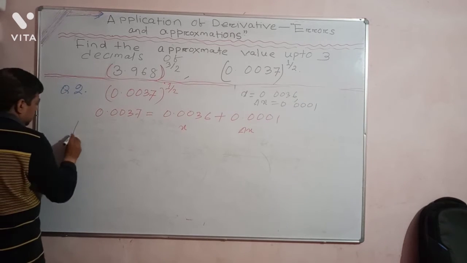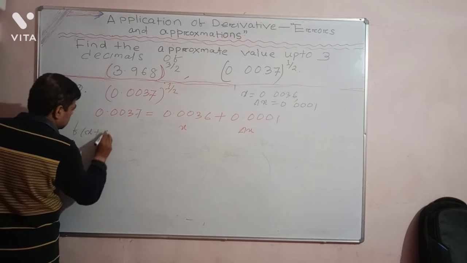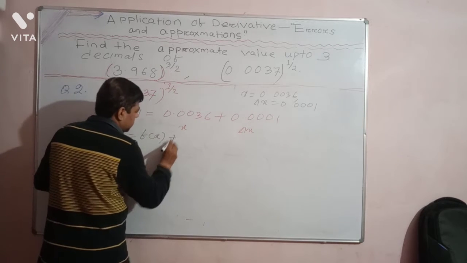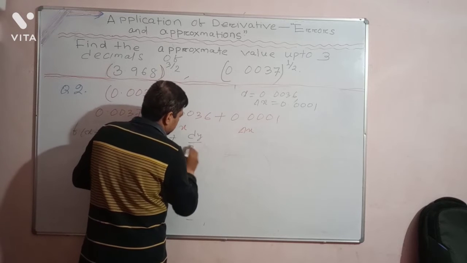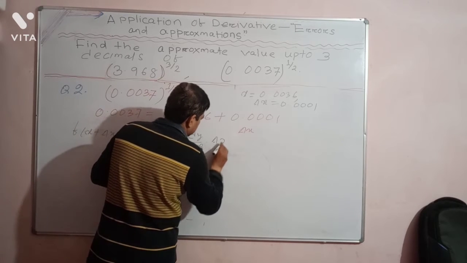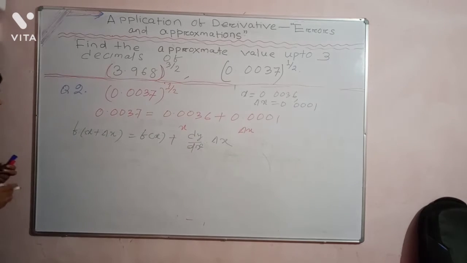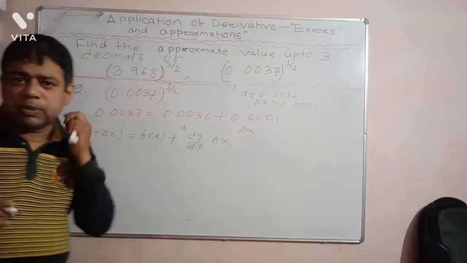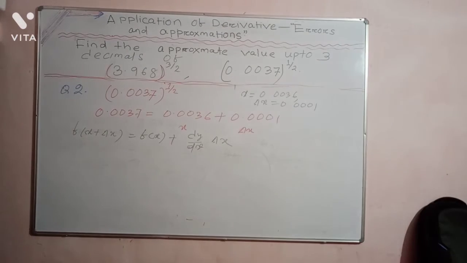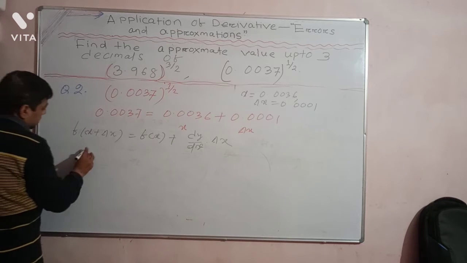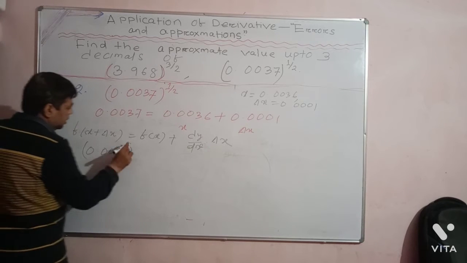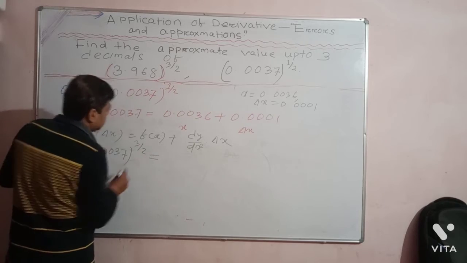Now let us write the similar formula: f(x + Δx) = f(x) + (dy/dx)·Δx. Here in place of f(x + Δx) we can write 0.0037 whole to the power 1/2 equal to f(x).